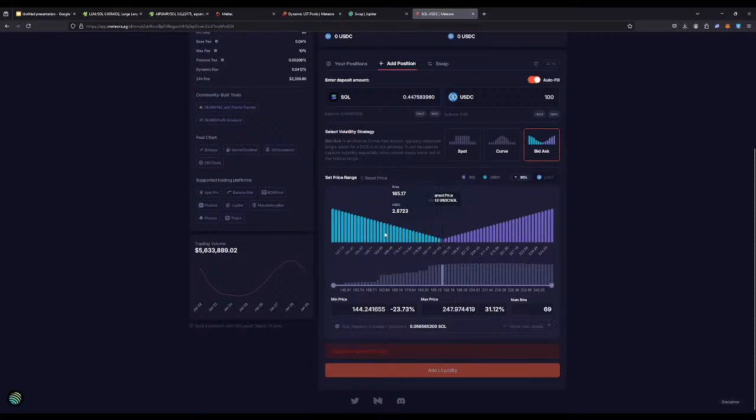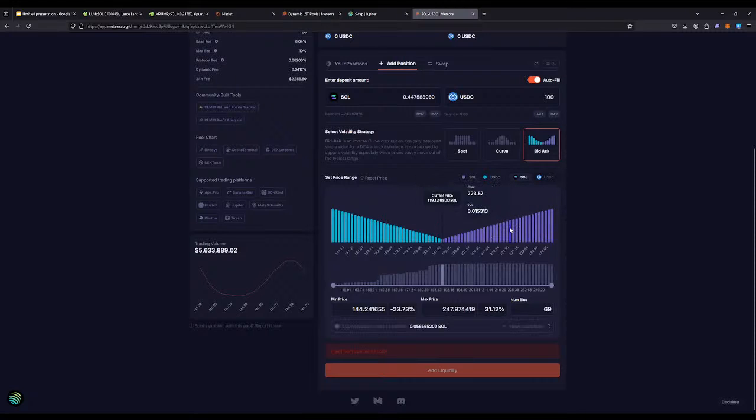But as we move away from the active price point, you'll be buying more and more. And similarly, as we move to the right, you'll be selling more and more. So you'll be selling less here and more here.